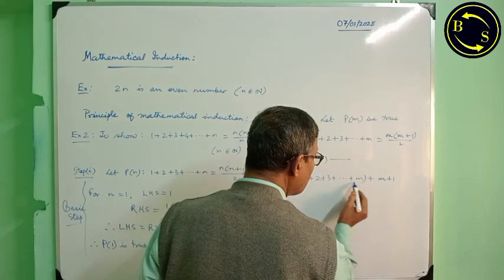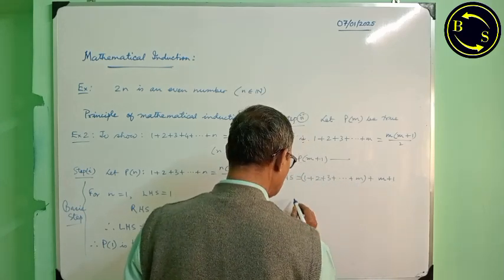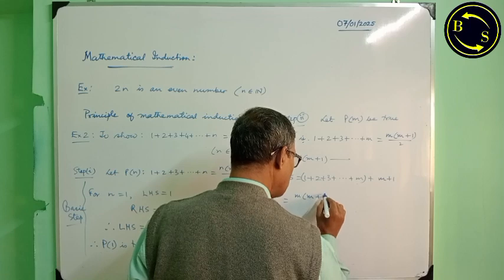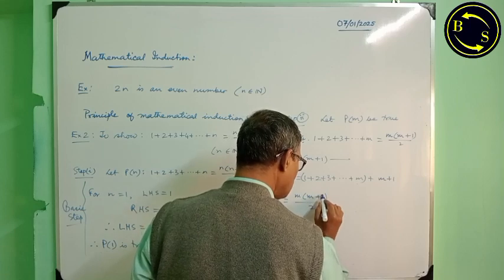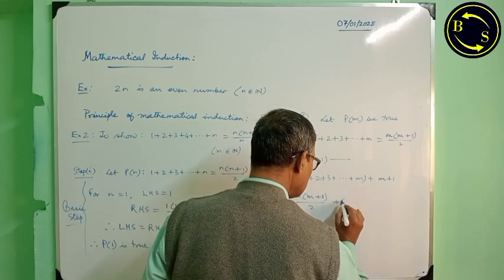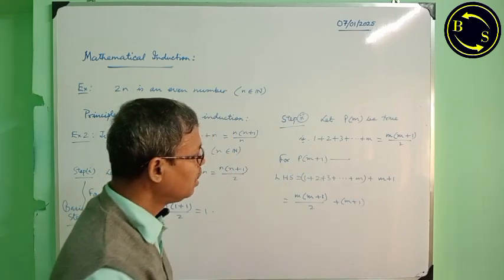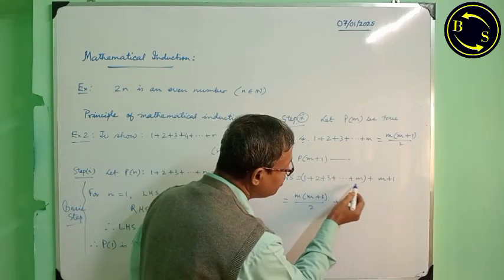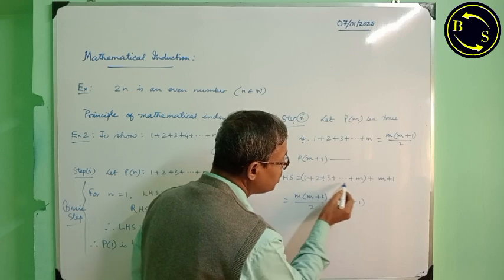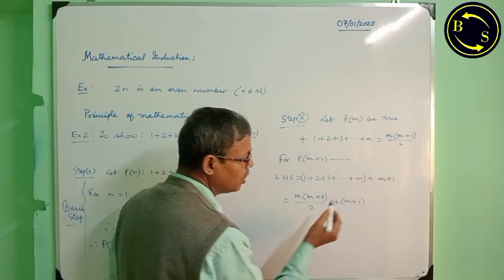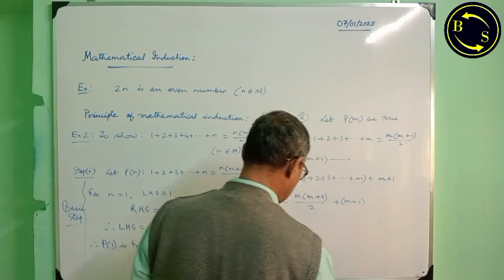Now already we have got the value of this one. We put that m into m plus 1 by 2 plus m plus 1. Already we have taken the sum of this is this one. I have put that value. Then m plus 1 is added.